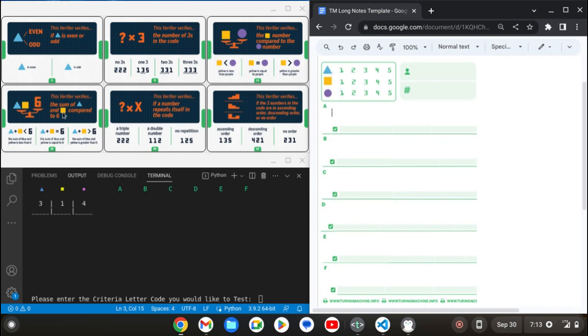So the first thing I want to test is criteria card A. Okay, so the Turing Machine does not approve of my choice. For triangle, I did choose an odd 3. The fact that the Turing Machine disapproves of it is letting us know that, in fact, triangle should be an even digit. So let's go ahead and type that up in our notes.